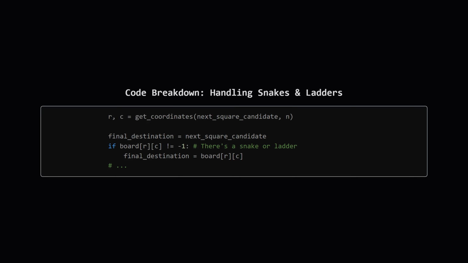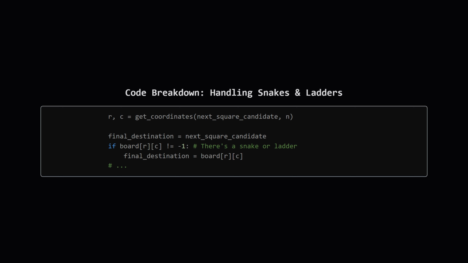For each valid next square candidate that we could land on from the dice roll, we first use our getCoordinates helper function. We give it the next square candidate and the board size, and it tells us the row and column for that square on the actual game board. Then, we figure out our final destination for this turn. Initially, we assume it's just the next square candidate we rolled to, but then we check the board.